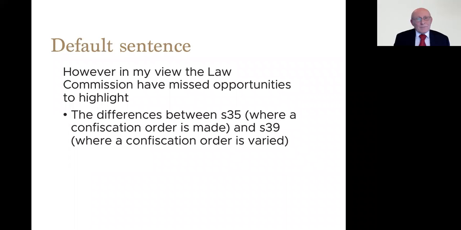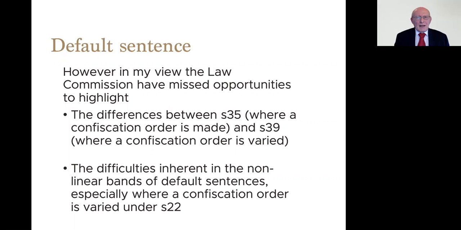So looking strictly at the statute, under Section 35, you've got one table of default sentences where an order is made. Under Section 39, you've got a different table of default sentences where a confiscation order is varied. And that doesn't, to me, make any sort of sense, but it's not a point which the Law Commission have picked up in their consultation.